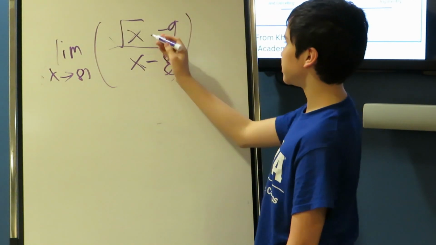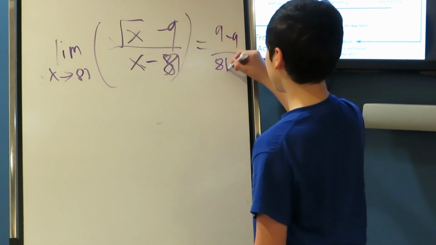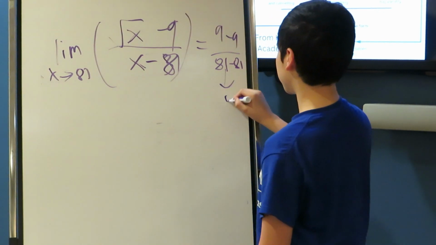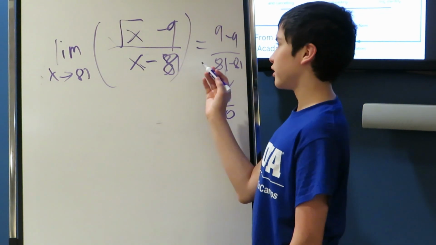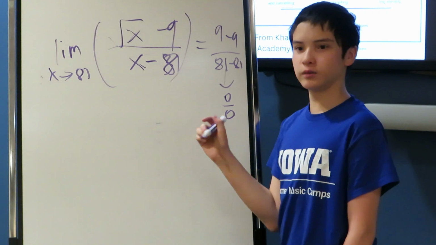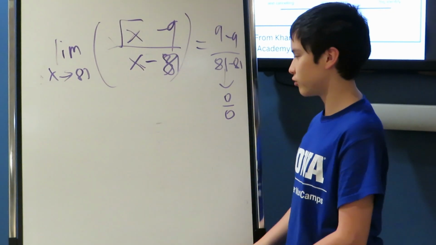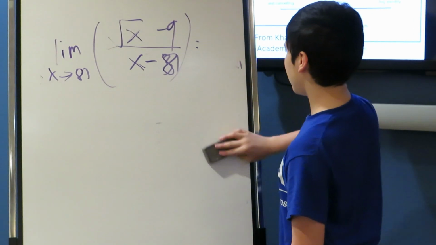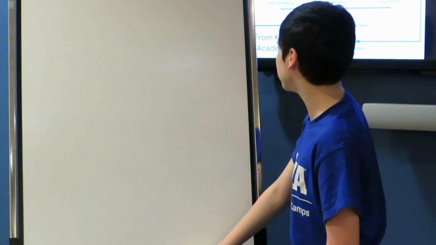If we substitute 81 into x, then we get 9 minus 9 over 81 minus 81, which would give us 0 over 0. So instead, we can multiply both sides by square root of x plus 9, and then we could simplify and substitute in that value of 81 into the expression, and that should give us an appropriate limit value.